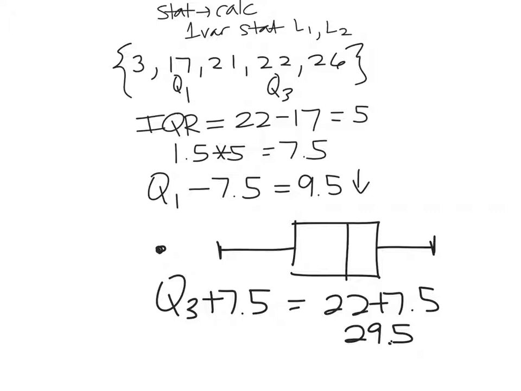Just tap alpha and then hit 1. Because it's alpha locked. That brings us back to the one that doesn't have a frequency list. So you've got to be careful with that. If you have a frequency list, use it. If you don't, make sure you get rid of it.